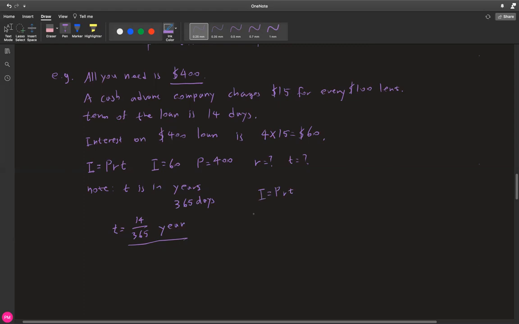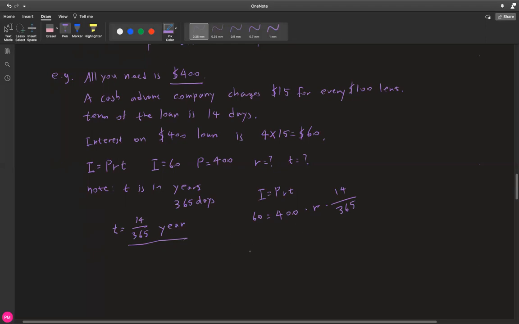The interest is $60, principal is $400, and we do not know the APR, but we have just found out that the T in years is 14 over 365. So now you have an equation with one variable only. All you have to do is just solve for R.